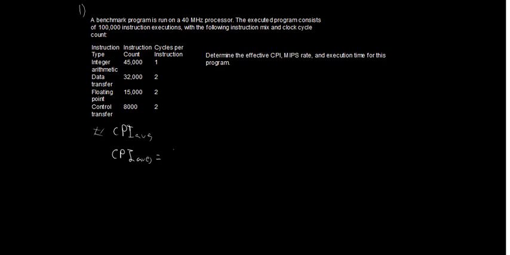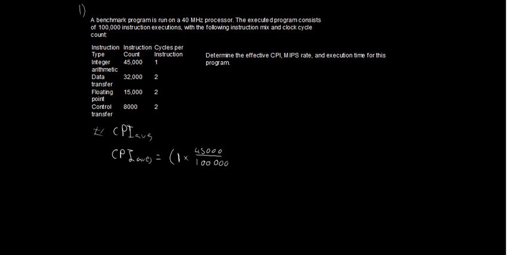We get our cycles per instruction, which is 1, times our instruction count, which is 45,000, divided by 100,000. Why am I not just dividing here? Just to avoid confusion.